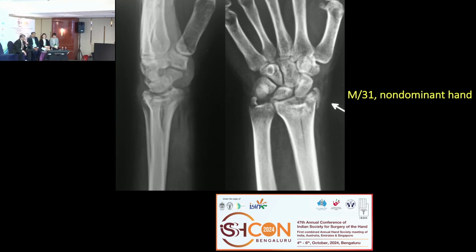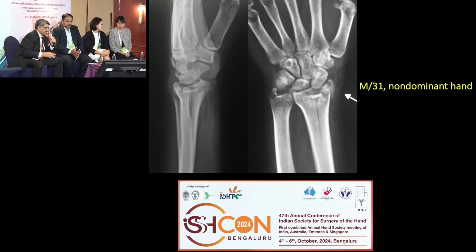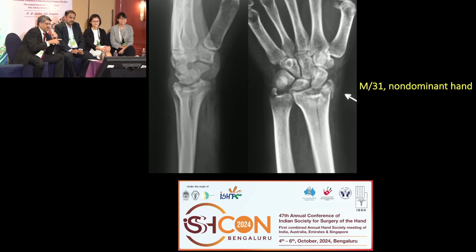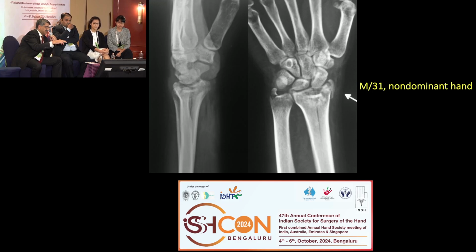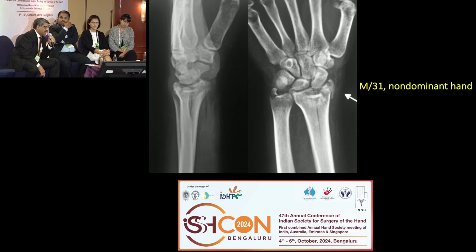Yes, 31-year-old, non-dominant. Given the nature of the fracture, it's obviously an intra-articular injury. You can see both columns involved. You can see the radial styloid is fractured. You can see the intermediate column also. There's a depression of the articular surface. It seems to be a die punch component, and there's a vertical split heading up the shaft proximally.